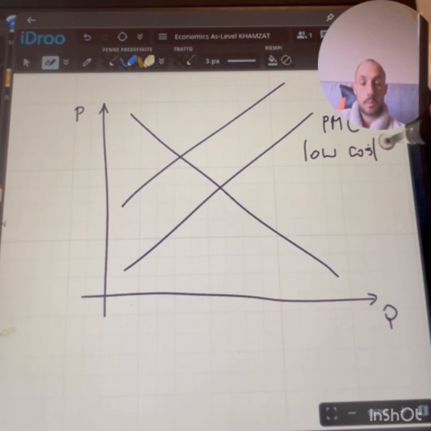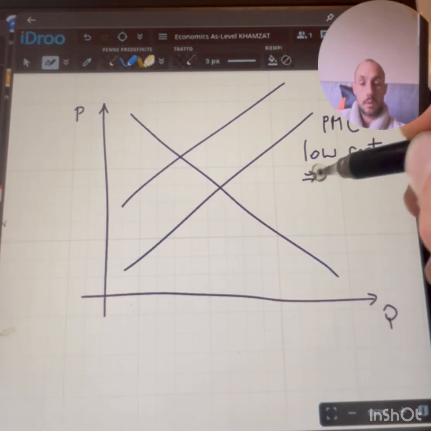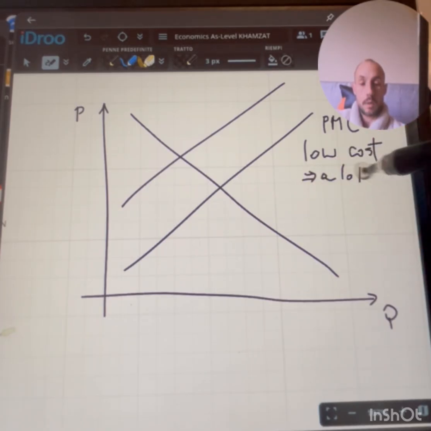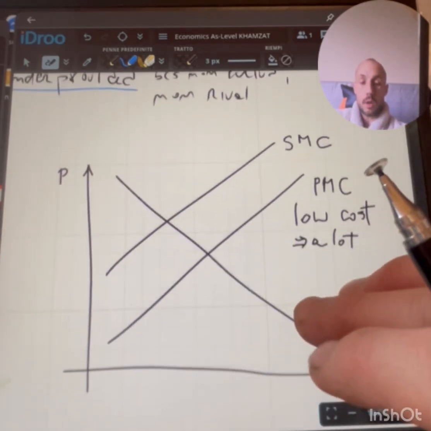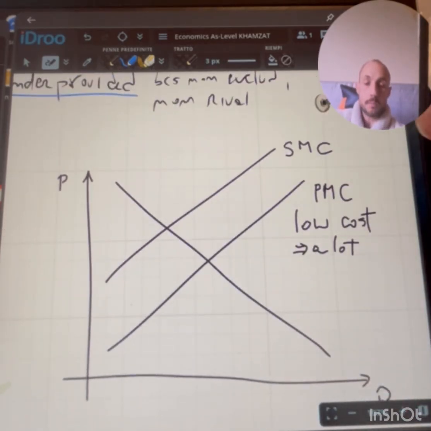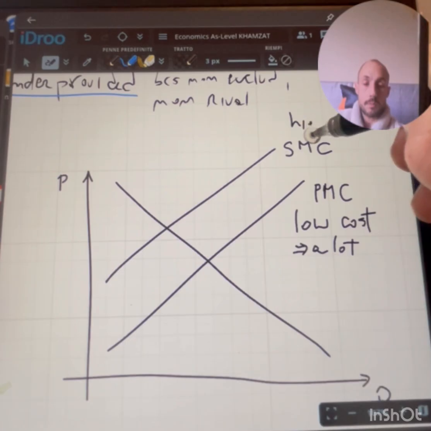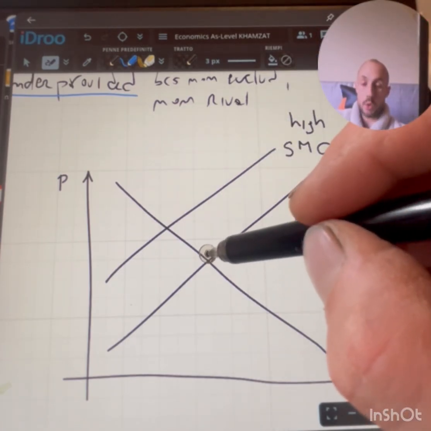All right, okay. But the social marginal cost is higher because someone pays for this extra fish dying or extra bees dying, you see? So the social marginal cost is high, and eventually the demand reduces, can you see?